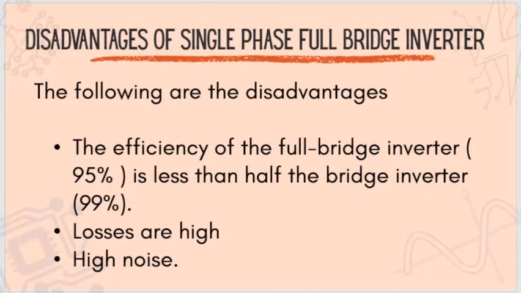While the disadvantages of a single-phase full-bridge inverter are the following: the efficiency of the full-bridge inverter, which is 95%, is less than the half-bridge inverter, which is 99%. So losses are high in full bridge, and there is high noise.